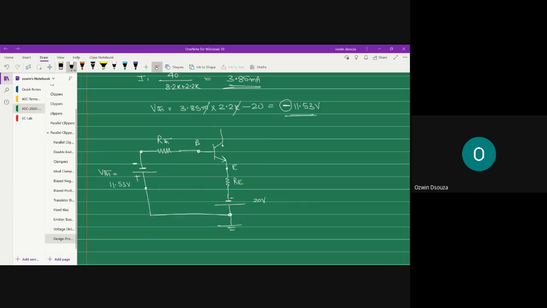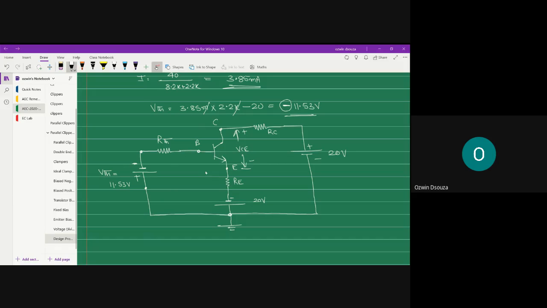Now on the output circuit, you have your collector resistor RC and the supply voltage plus minus 20 volts, and this is then connected to the ground potential. All right, so this is my collector terminal. Hence, this voltage is VCE for me, plus minus.